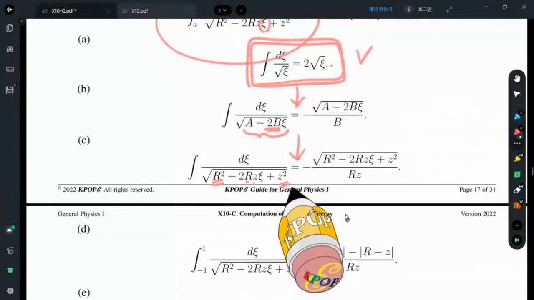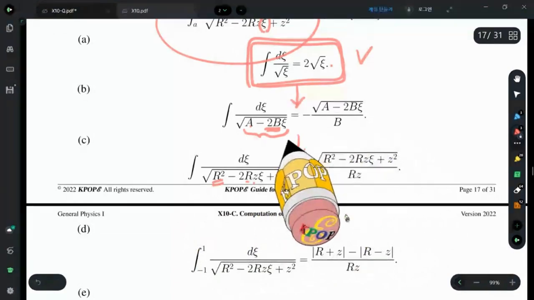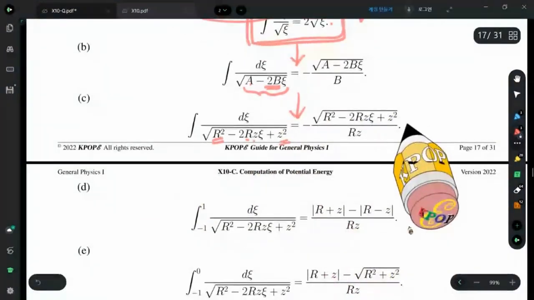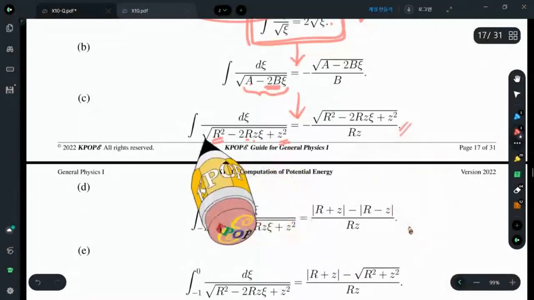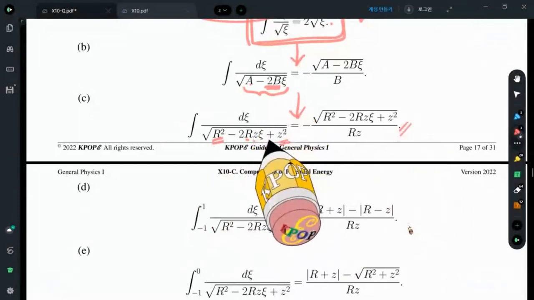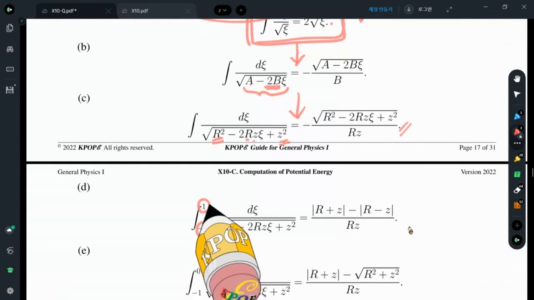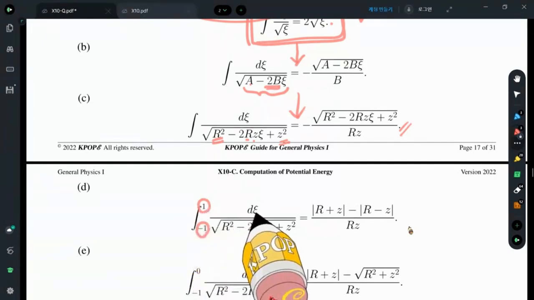This integral table is very, very useful. Now, this is a primitive function for this indefinite integral, and what we have to do is to carry out these definite integrals. Definite integral is to substitute those values.